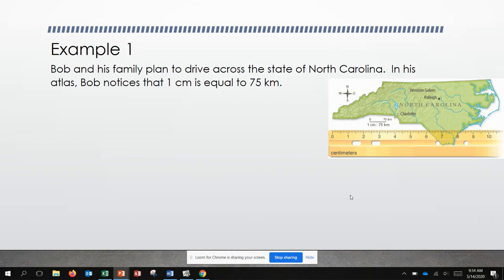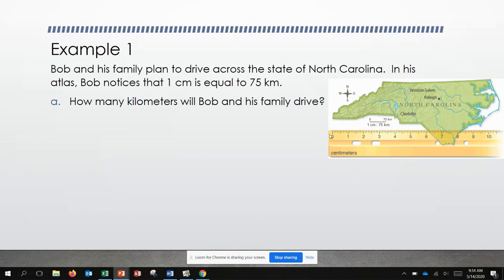So, example 1. Bob and his family plan to drive across the state of North Carolina. In his atlas, Bob notices that 1 centimeter is equal to 75 kilometers. So, how many kilometers will Bob and his family drive? Well, what we want to figure out is, how long is North Carolina in centimeters?